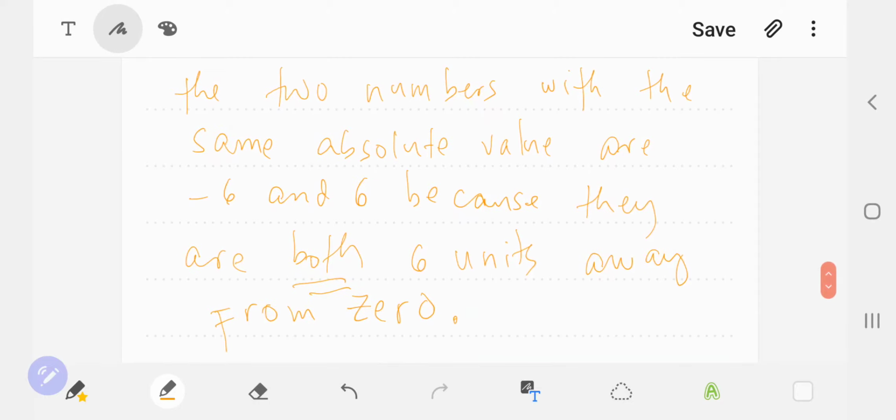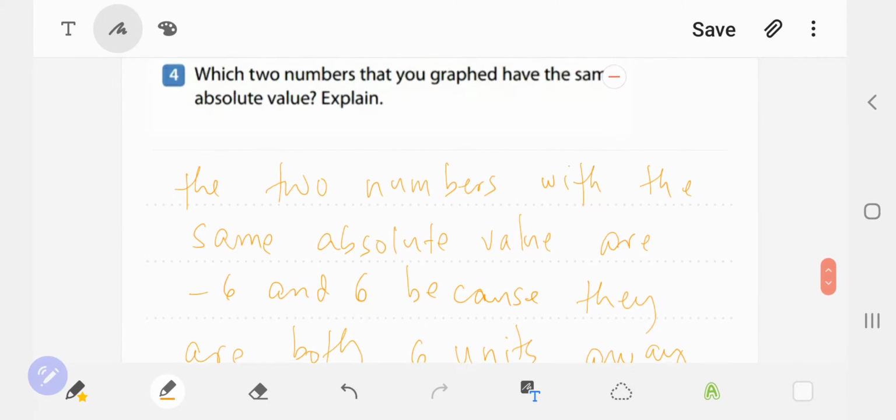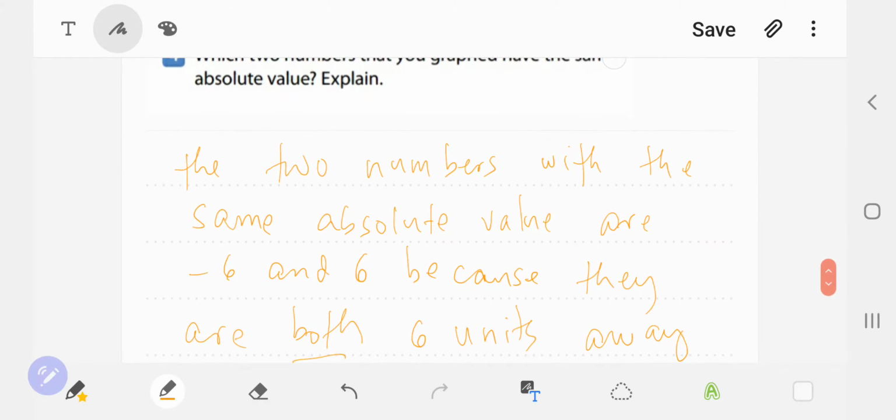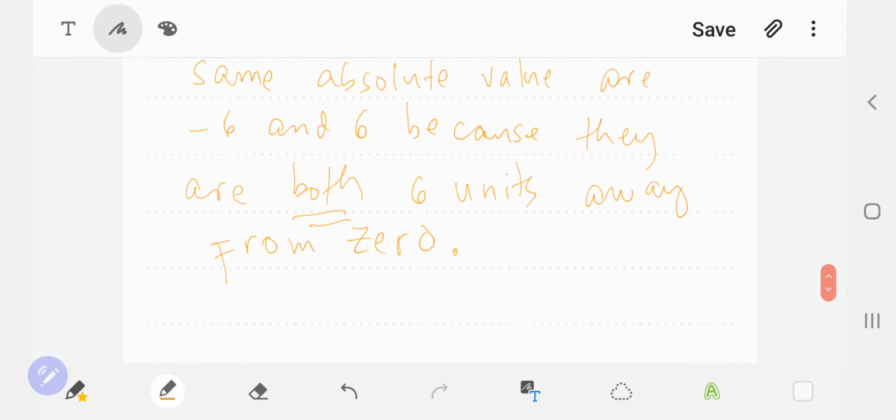You can pause it so that you could copy the whole response. All right. So -6 and +6 are two numbers on the number line that have equal distance from 0.